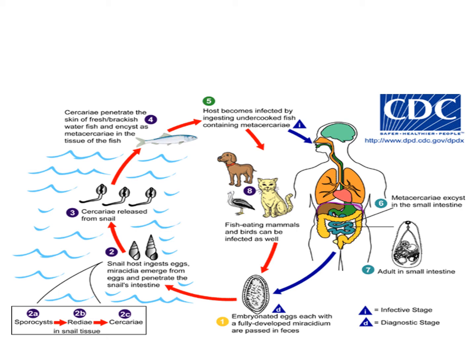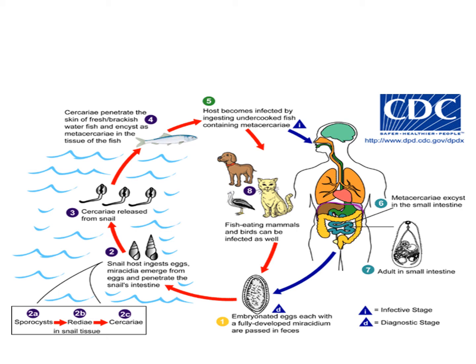Now, on the right side of this slide, we can see how the human can be infected. The host, human or mammals, becomes infected by ingesting undercooked fish containing metacercariae. The metacercariae excyst in the small intestine, and then the adult worm will be formed in our small intestine.